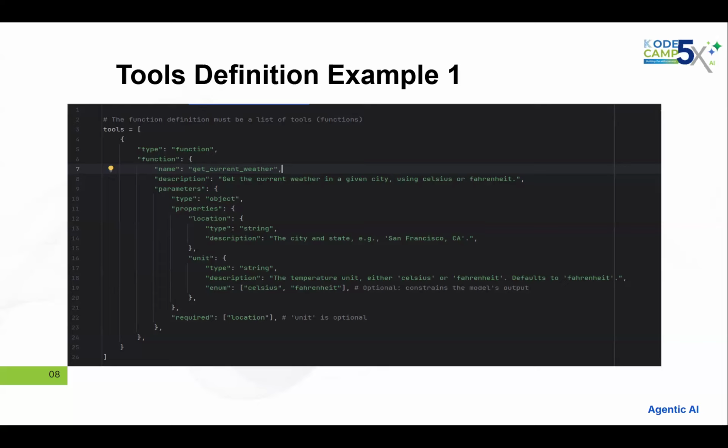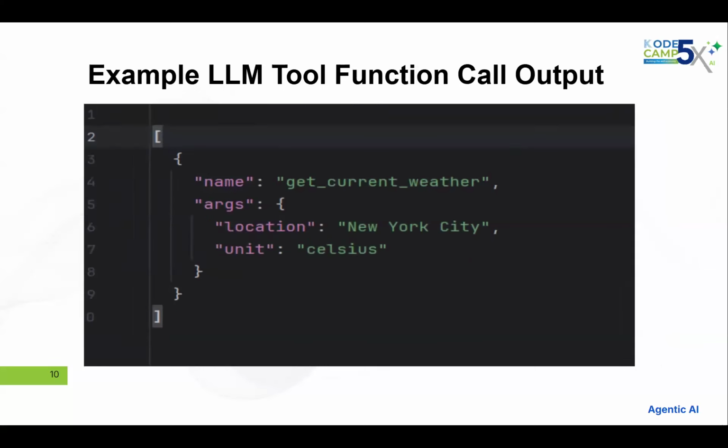The LLM is providing this JSON output, based on which the execution mechanism, whatever it is in the app, would actually call the function. So the LLM doesn't call the function. What it essentially does, this output is like a request saying, hey, help me call this function. But it's actually not calling the function. So there's some other mechanism to call the function that needs to be implemented in that app.